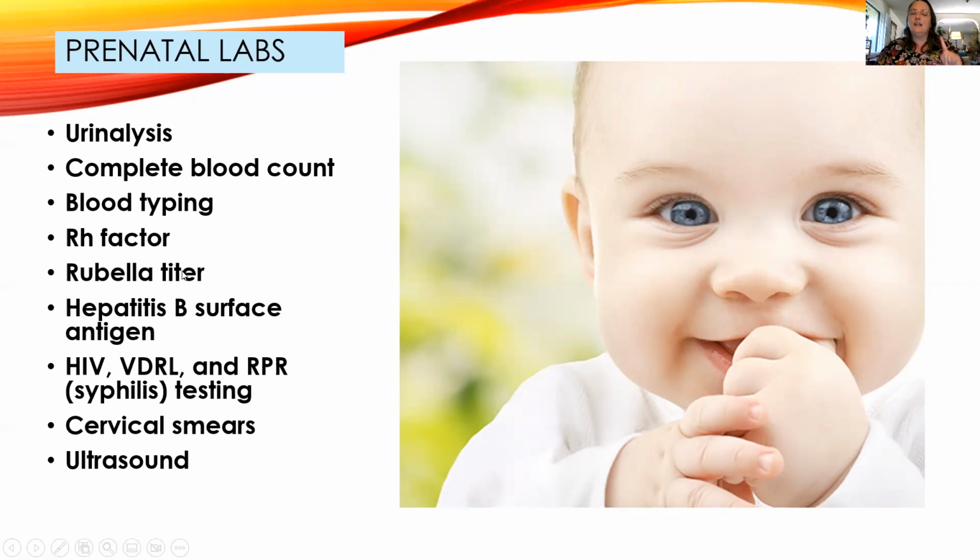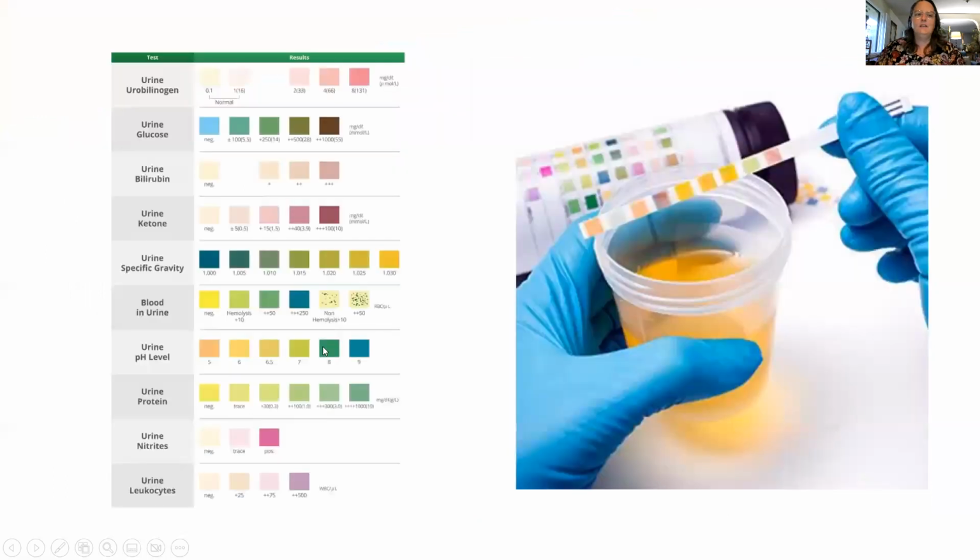And if we give her a live vaccine, we could actually infect her with that disease. So live vaccines are out during pregnancy. So go through each of these and have a clear understanding of what they are, what the desired result is, and what we are going to do about it if she does not have the desired result.